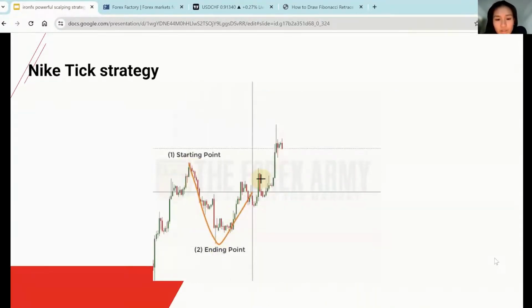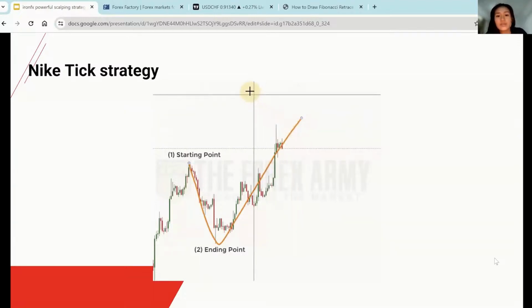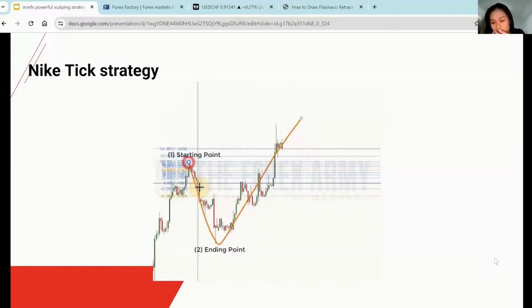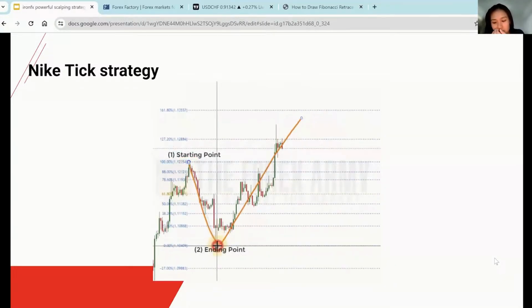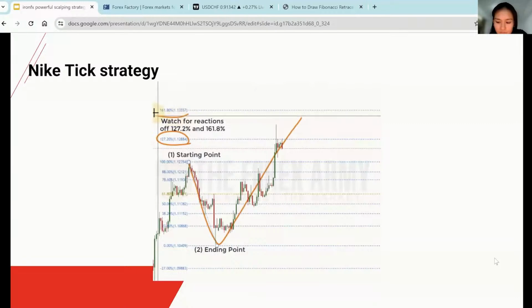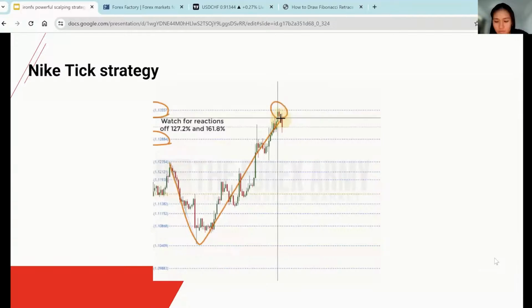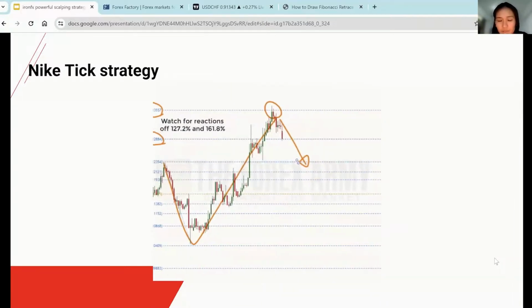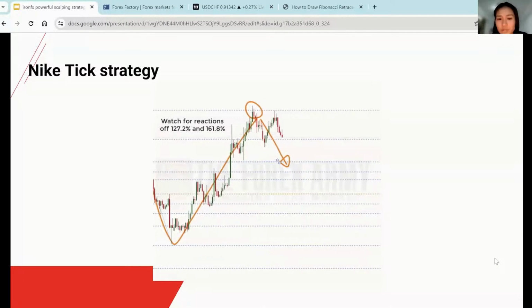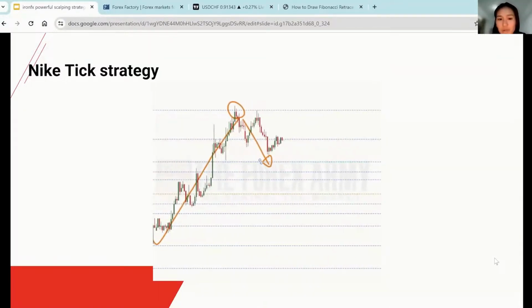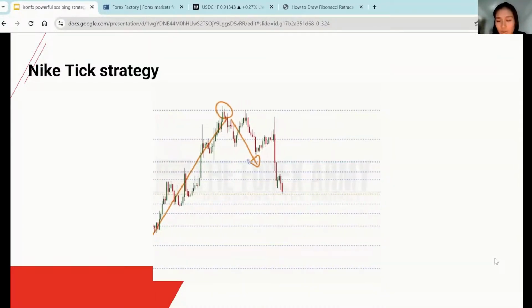Okay, so this is what you should look out for in this GIF. We watch for the reactions of the 127.2 and 161.8, and we see price react off the 161.8.